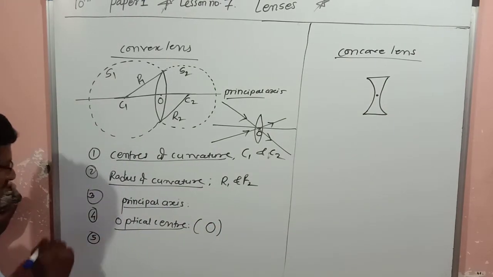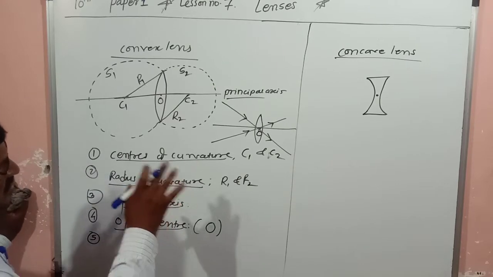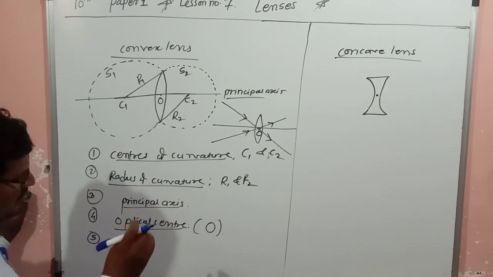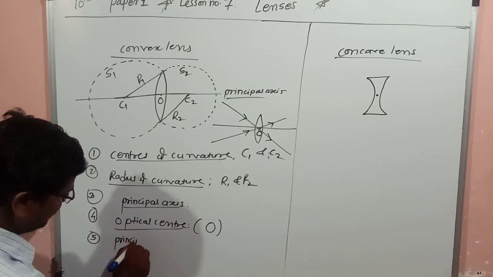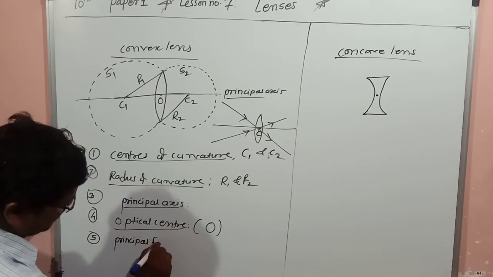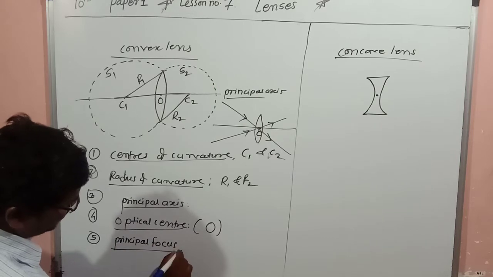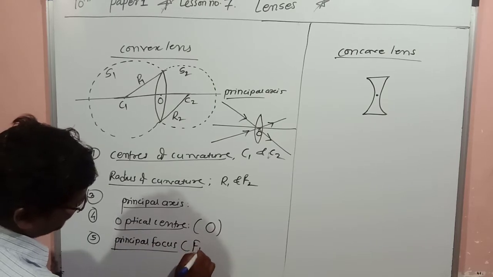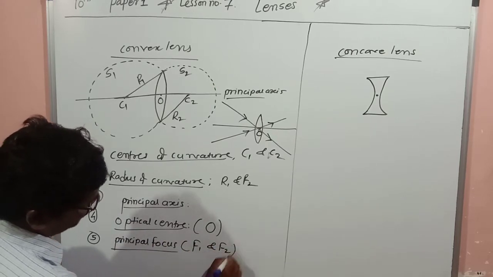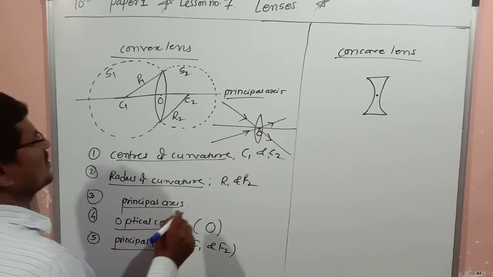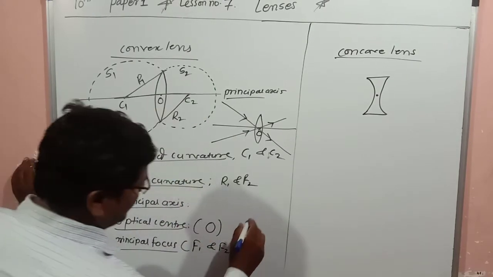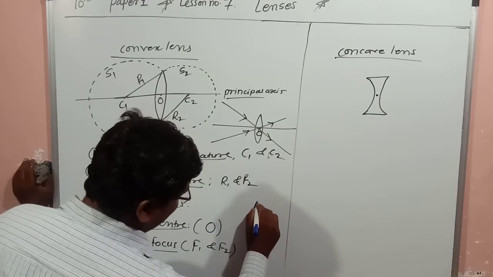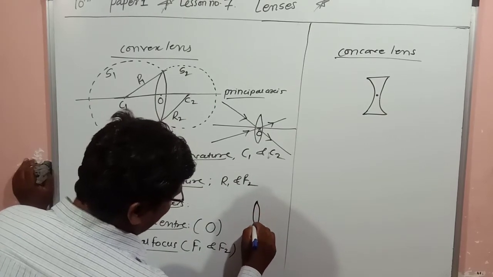Fifth point is the principal focus. Here there are also two principal foci, F1 and F2. Here we will draw a diagram for understanding principal focus.